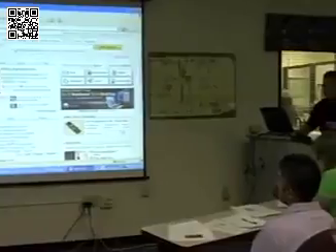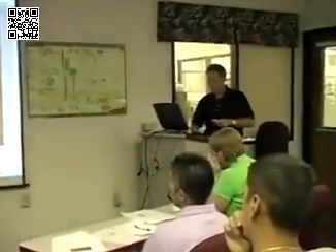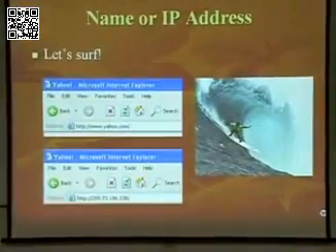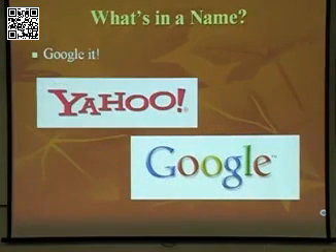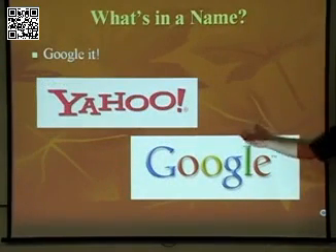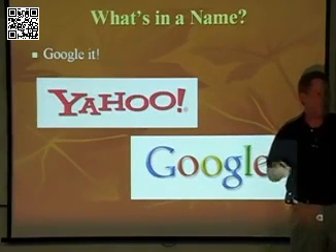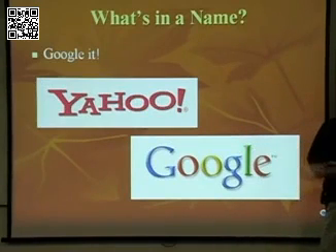Okay. So if we can use IP addresses and names interchangeably, it doesn't make any difference. Why do we use names? Very good. It's easy to remember. Names mean something, right?